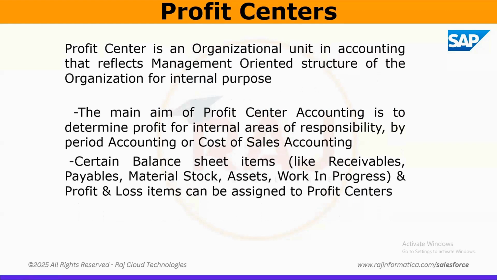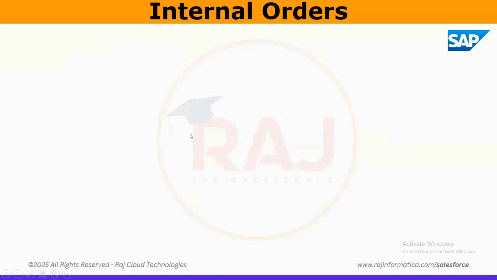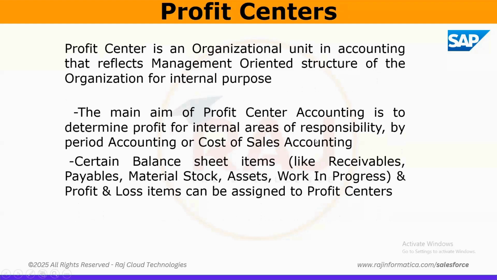So profit center is an organizational unit which reflects management oriented structure for the organizational profitability, internal profitability measurement or calculation for internal purpose. The main aim of profit center accounting is to determine the profit of your internal areas responsible for controlling, and by posting those transactions you will come to know about the profitability of a company.